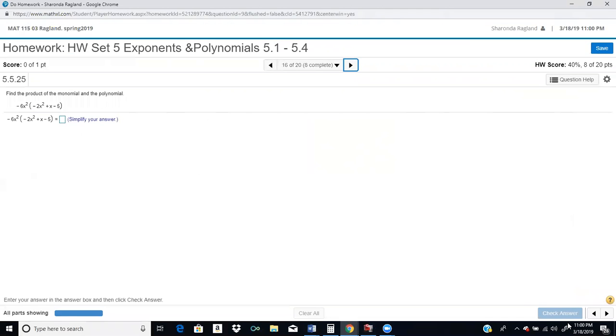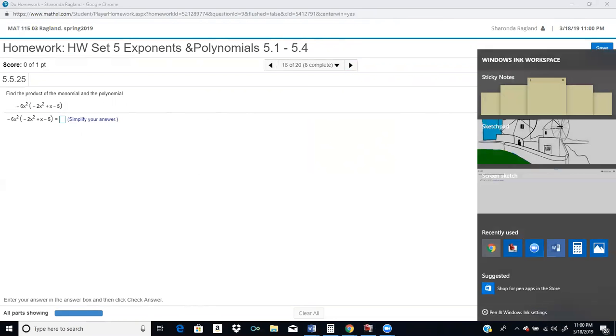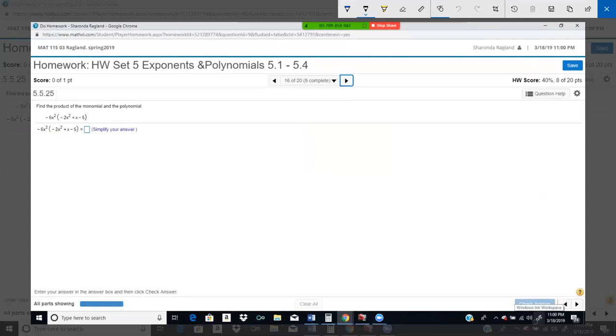All right, so the last portion of this section is just multiplying, okay? So you want to be careful with your negatives. And so here, just basically distribute the negative 6x squared. When you distribute, I'm doing a negative times a negative, okay?